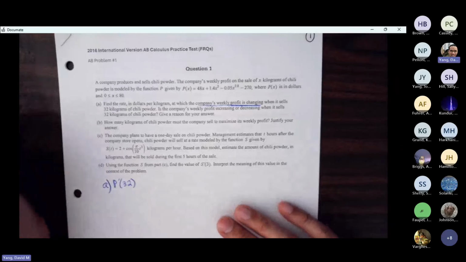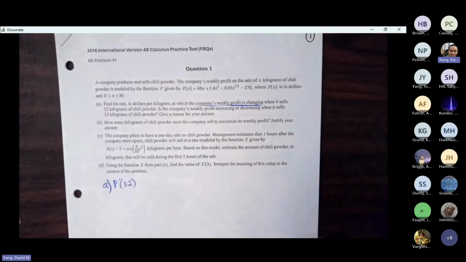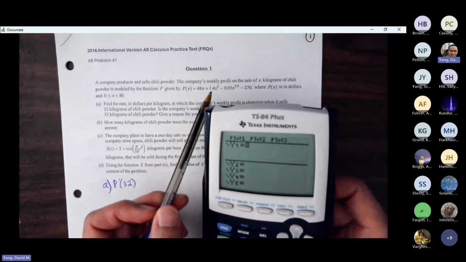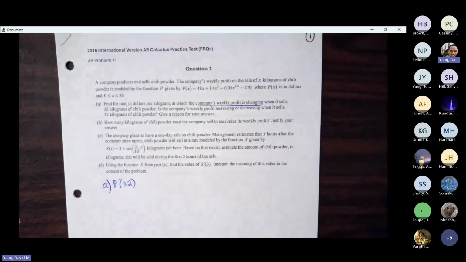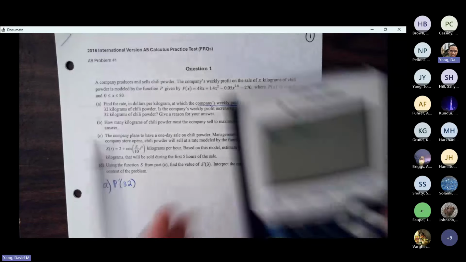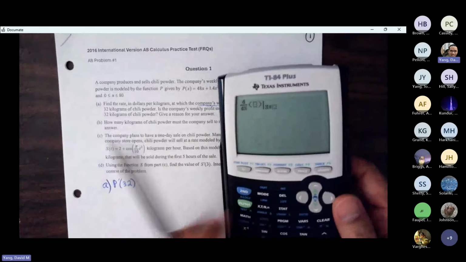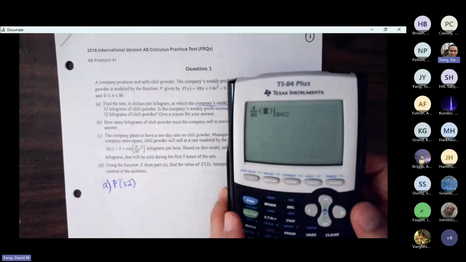So this is a calculator section, so we can make the calculator do the work for us. Under Y1, I'm going to go ahead and enter in 4.48x plus 1.4x squared minus 0.5x to the 2.8 minus 270. Once you enter that in, math 8, d over dx, and I already have Y1 storing my P of x.